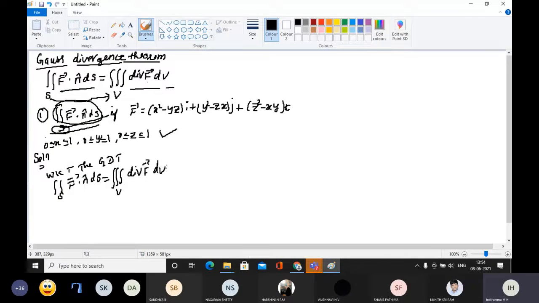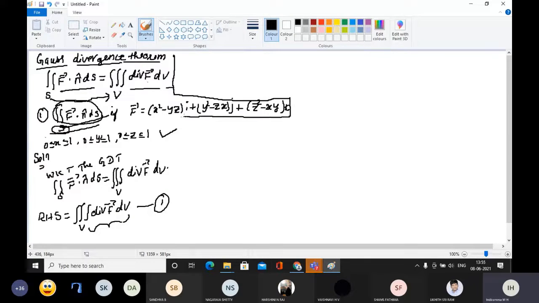We need to consider only the RHS to evaluate the LHS. Consider the RHS, the triple integral over the volume V of div f dV. Call this equation 1. Our aim is to evaluate the triple integral instead of the double integral directly, because the question specified use the divergence theorem.